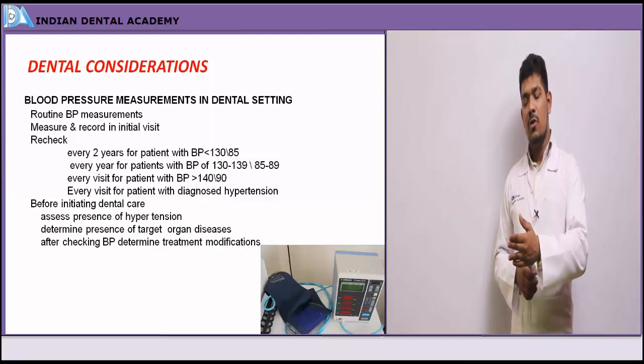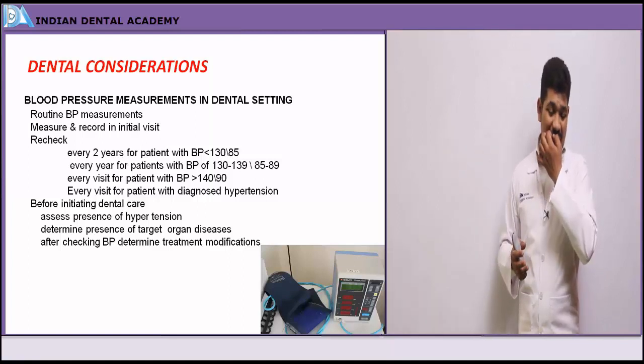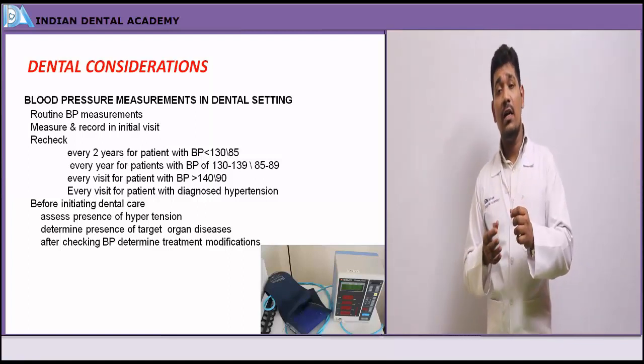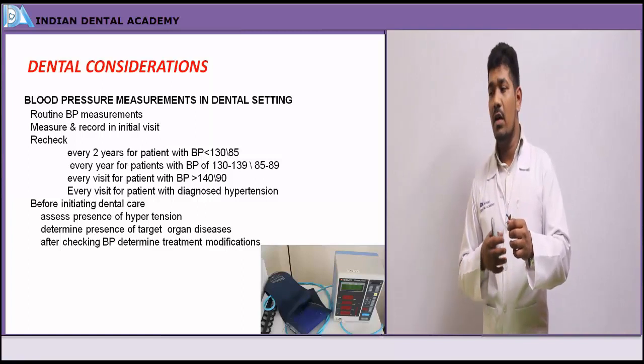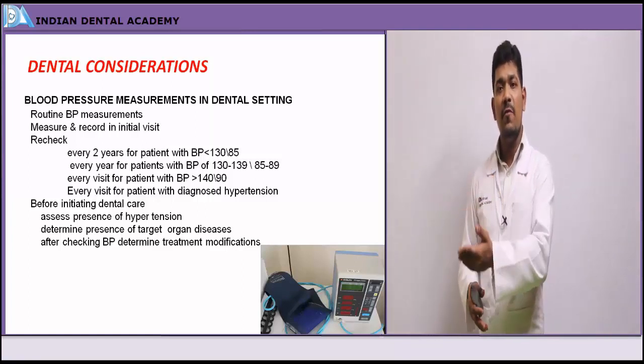hypertension the patient is in, or the presence or absence of target organ damage, or the presence or absence of any other undiagnosed risk factors which the patient has, or the presence or absence of any family history.